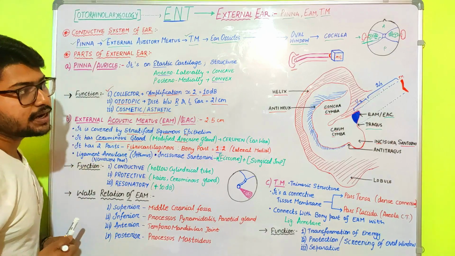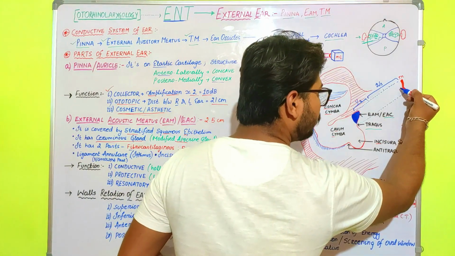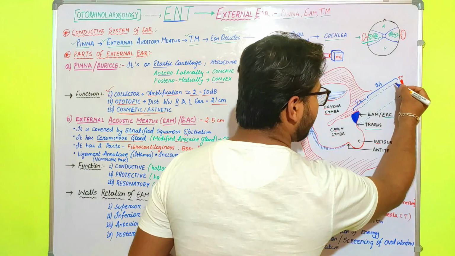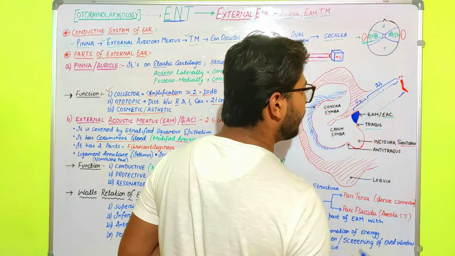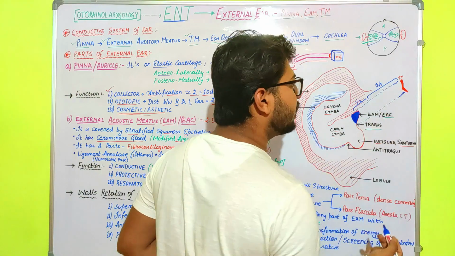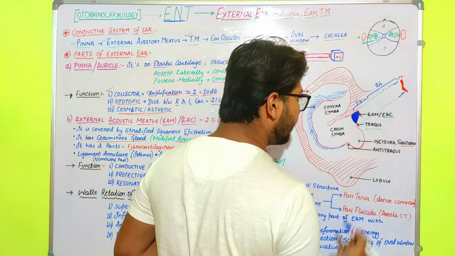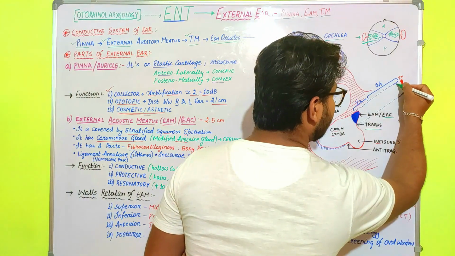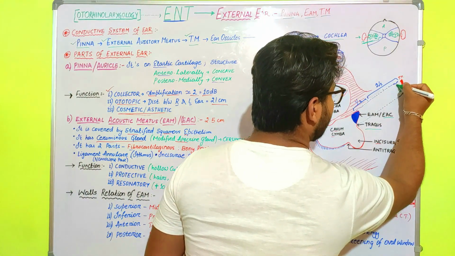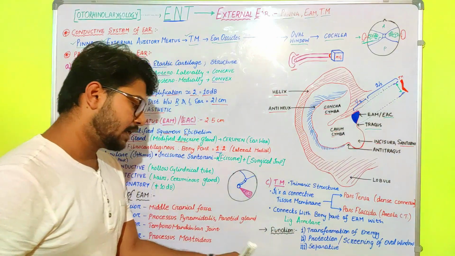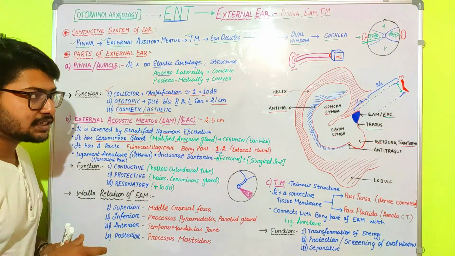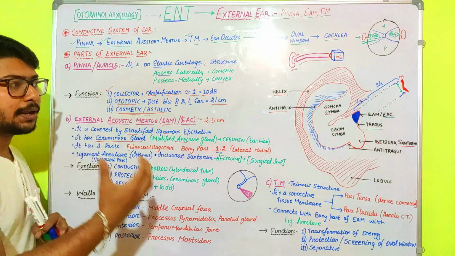The narrowest part lateral to the tympanic membrane, around 6 mm lateral to the tympanic membrane, is known as the isthmus. To the bony part of the external acoustic meatus we have an attachment that attaches the tympanic membrane.